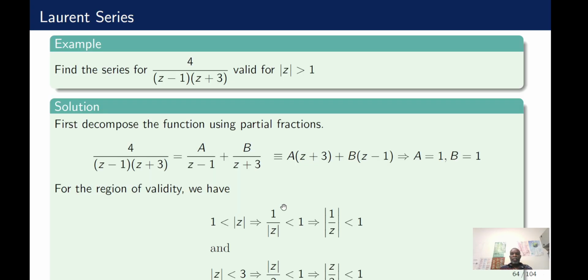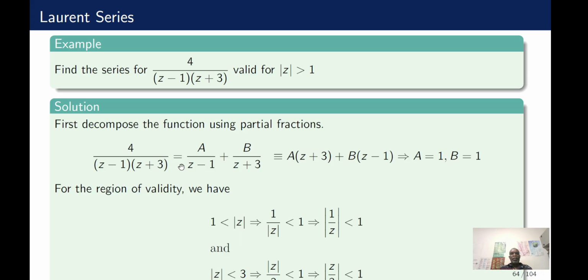So here is what we want to do. Let us look at this example. We want to find the series for 4 over z, z minus 1, and z plus 3, valid for modulus of z greater than 1. The first thing is to decompose the function into partial fractions.